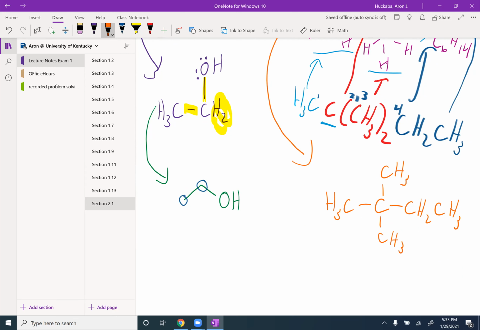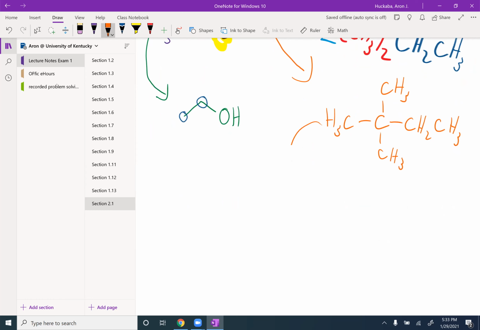And that's pretty informative, but you saw how long that took for me to draw. This is how fast it is to draw bond line structures. There you go, and it's done. So again, in bond line structure form, you never draw the carbon, or you never draw the hydrogens. You only draw bonds between carbons and from carbon to other things.